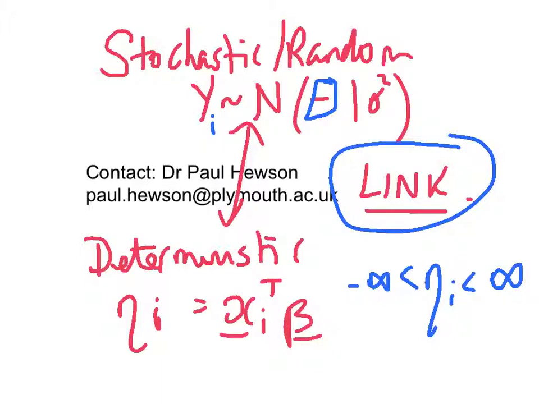But if we change the distribution from a normal, that can be a problem. It may not be a problem, but there are reasons why we might want to change that link function from the identity function. For now, just highlight the idea that we can think of models as having these three components.